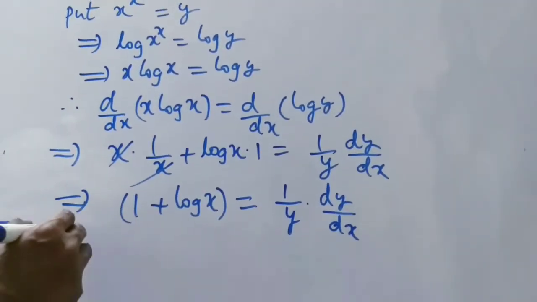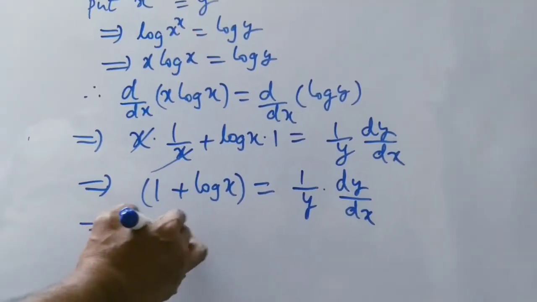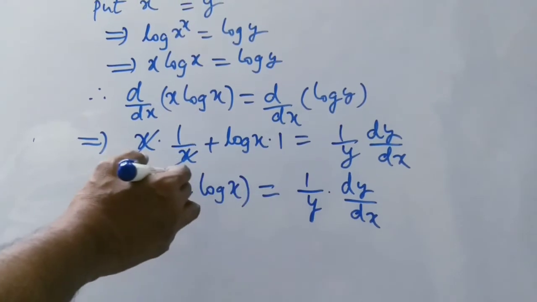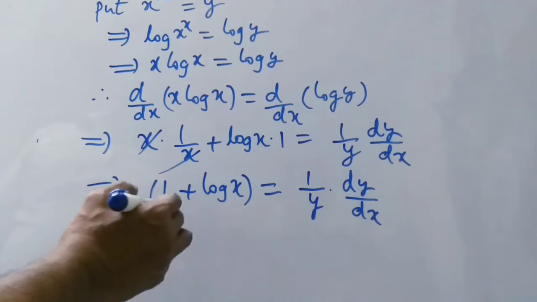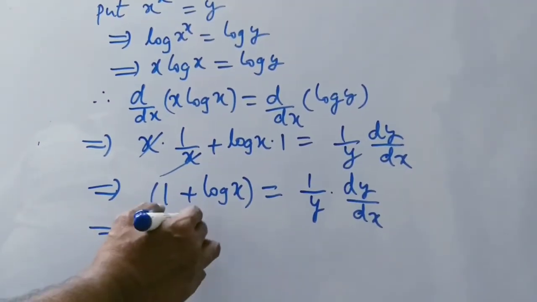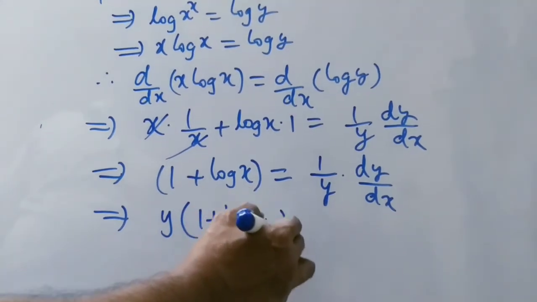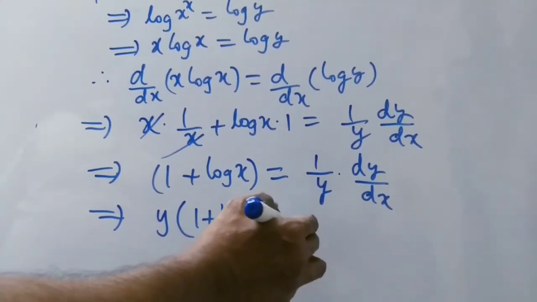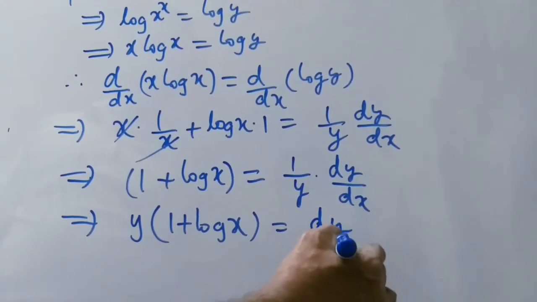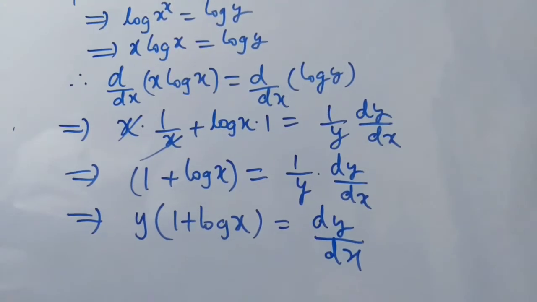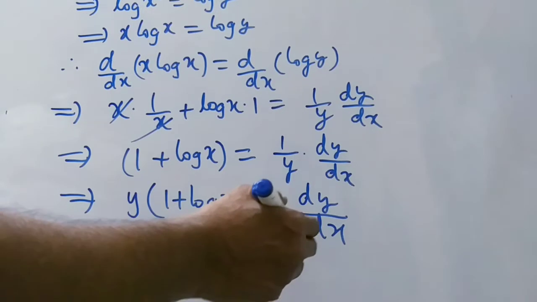Now it implies y into 1 plus log x, transposing y to the left side, is equal to dy by dx. On the right hand side dy by dx is there, and dx is in the denominator.